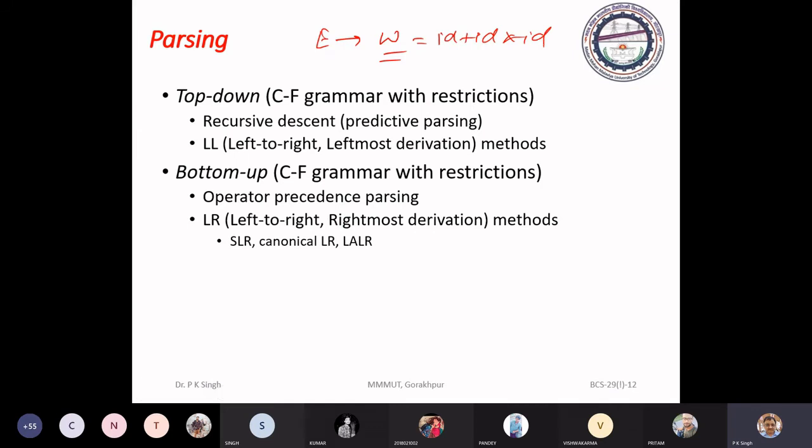In bottom-up parsing, we start from the string and reduce it to the start symbol of the grammar.